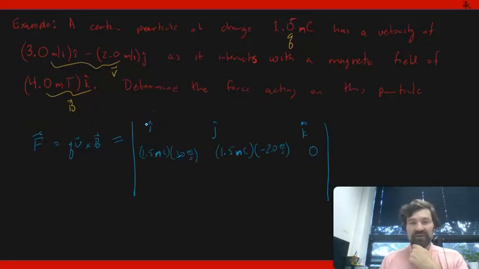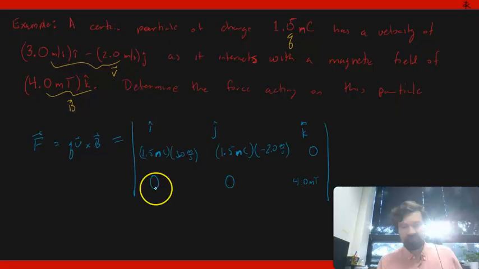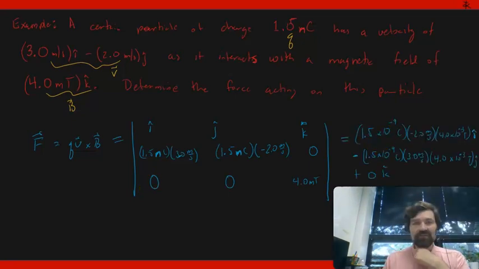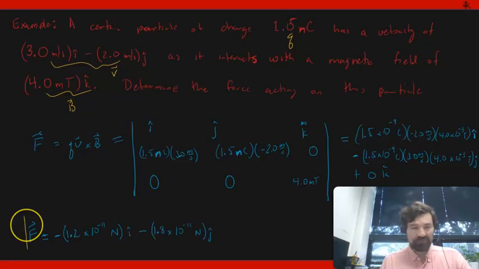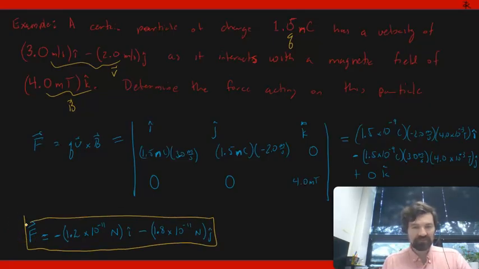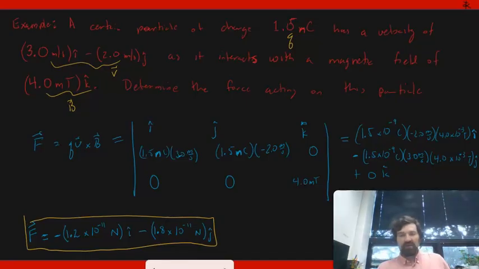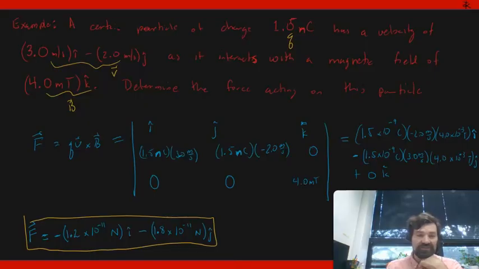So i hat, j hat, k hat, qvx, qvy, qvz, bx, by, bz. This gives the following vector sum, which when added together gives a force of 1.2 times 10 to the minus 11 newtons i hat minus 1.8 times 10 to the minus 11 newtons j hat. If we wanted to instead express this as a magnitude, we would have to basically dot this vector with itself and then take the square root of that dot product.